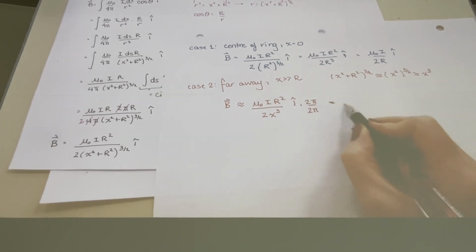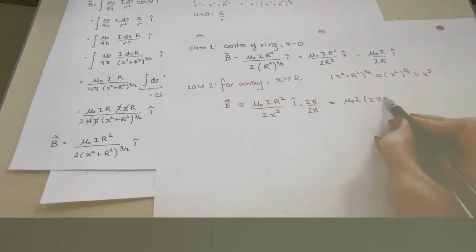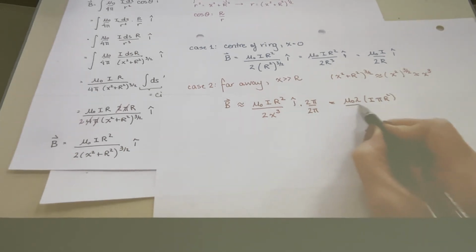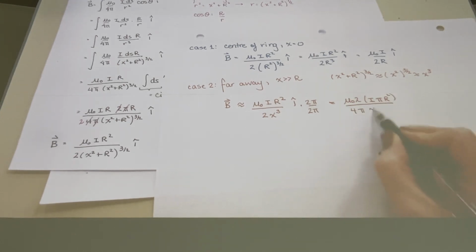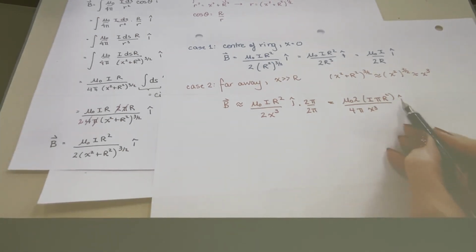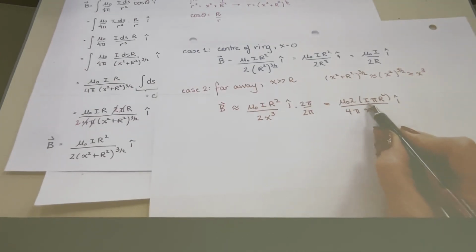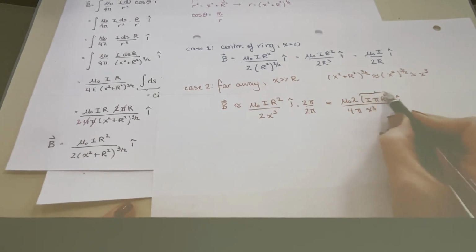That gives me mu naught times 2 times I times pi times r squared, divided by 2 times 2, which is 4, times pi times x cubed, and that's in the I direction. Okay, so this was artificial. I multiplied by 2 pi on purpose just to get that form. So this bit right here, pi r squared I hat, that's the area vector. I is the current. So this piece altogether is the magnetic moment, mu.